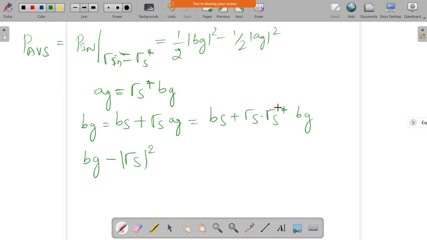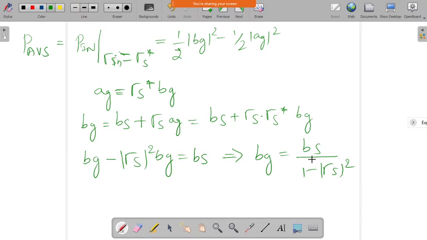Taking only the magnitude, we get gamma S square into Bg, and this is equal to Bs. So Bg is equal to Bs by 1 minus gamma S square.